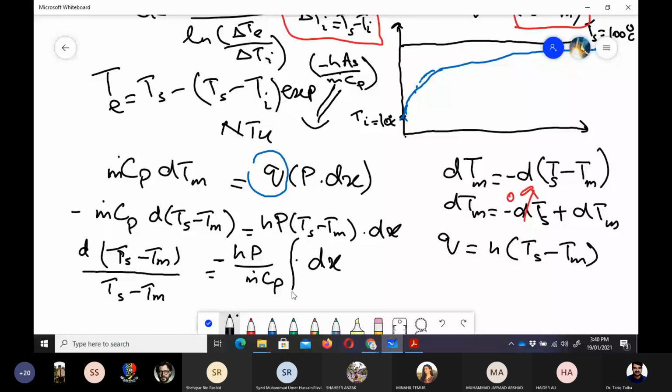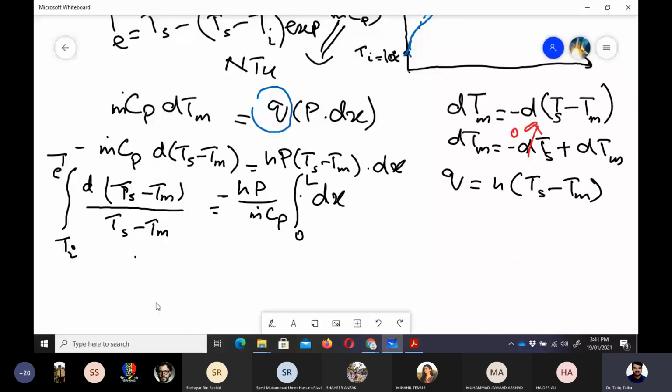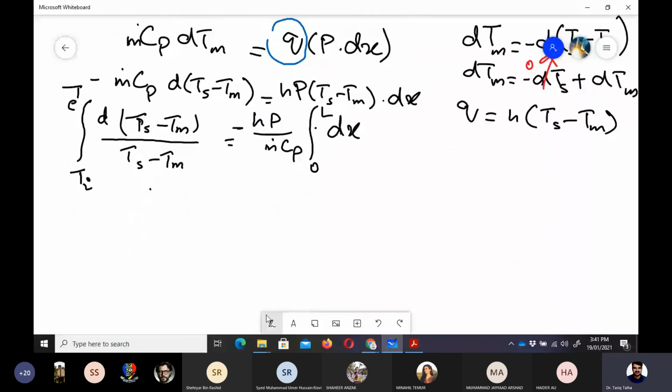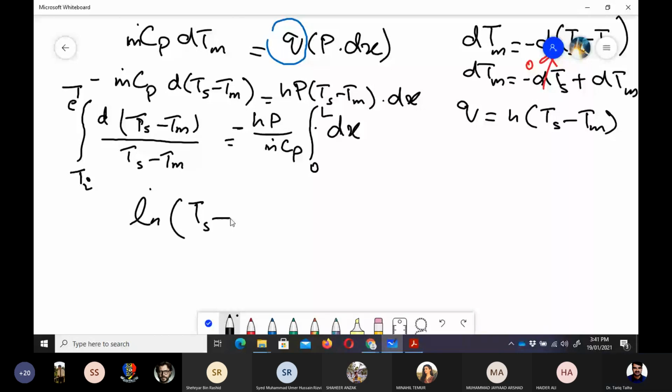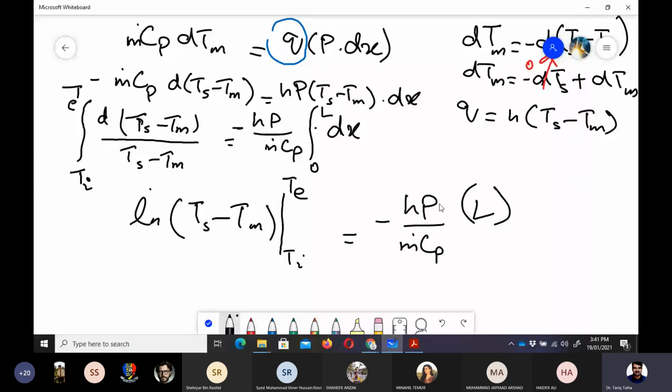to the total length of the pipe, it means that here it would be from Ti to Te. So if we do the integration, then we know that for the quantity on this left hand side, the integral would be equal to log of Ts minus Tm, Te on Ti, and then here it would be hP into m dot Cp into length of the pipe, h into PL.